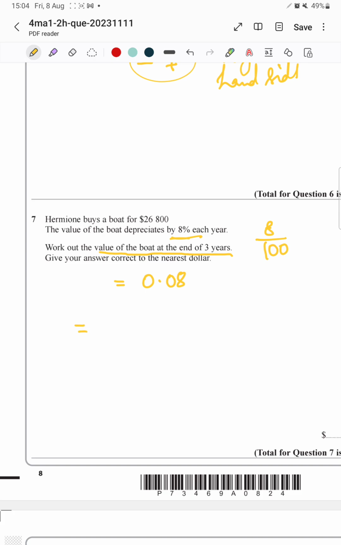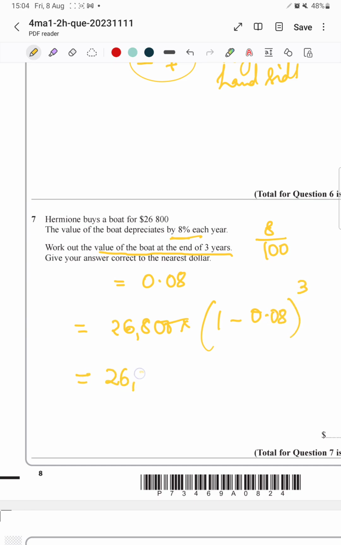So that will be equivalent to the present value, which is 26,800 times the multiplier. We will use the multiplier concept, and because it is depreciating, the multiplier will be 1 minus 0.08, and it is for 3 years, so power 3 here.